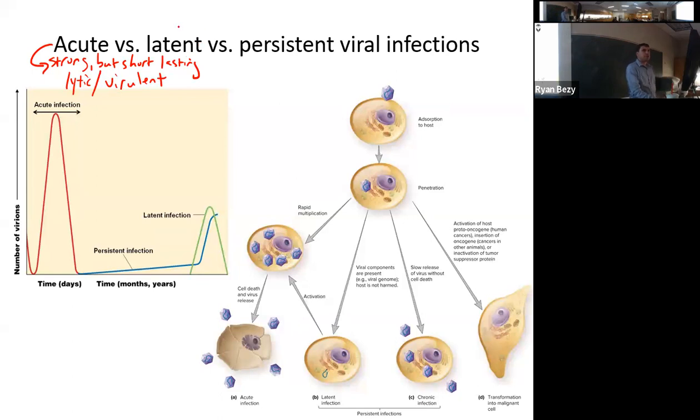Latent infections is basically, when we're talking about latent viruses, you have an acute stage, but then later on you have a time period where there's no virus in the body, or at least no detectable virus in the body. And then sometime later on, you have that virus in the body again. Latent infections is where the virus goes dormant for a while.